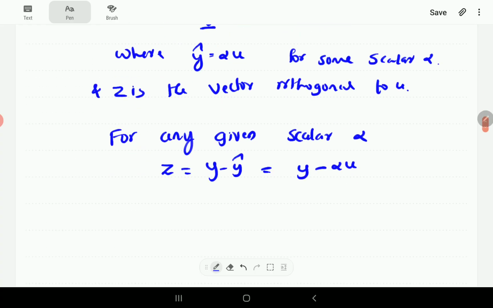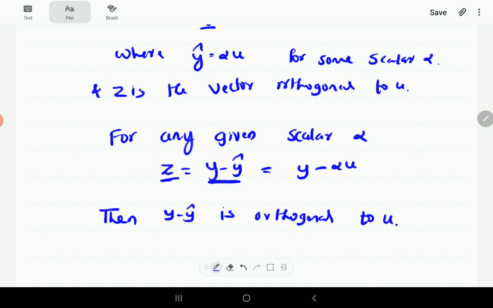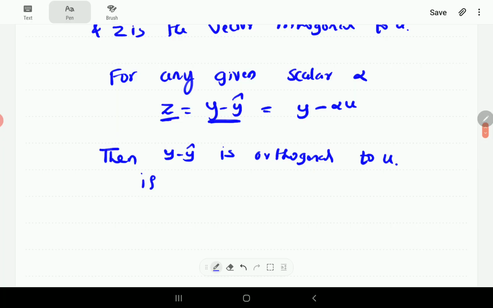Now the vector y minus y cap, which is z, is orthogonal to u. When we say orthogonal, it is possible if and only if y minus y cap dotted with u is equal to 0.